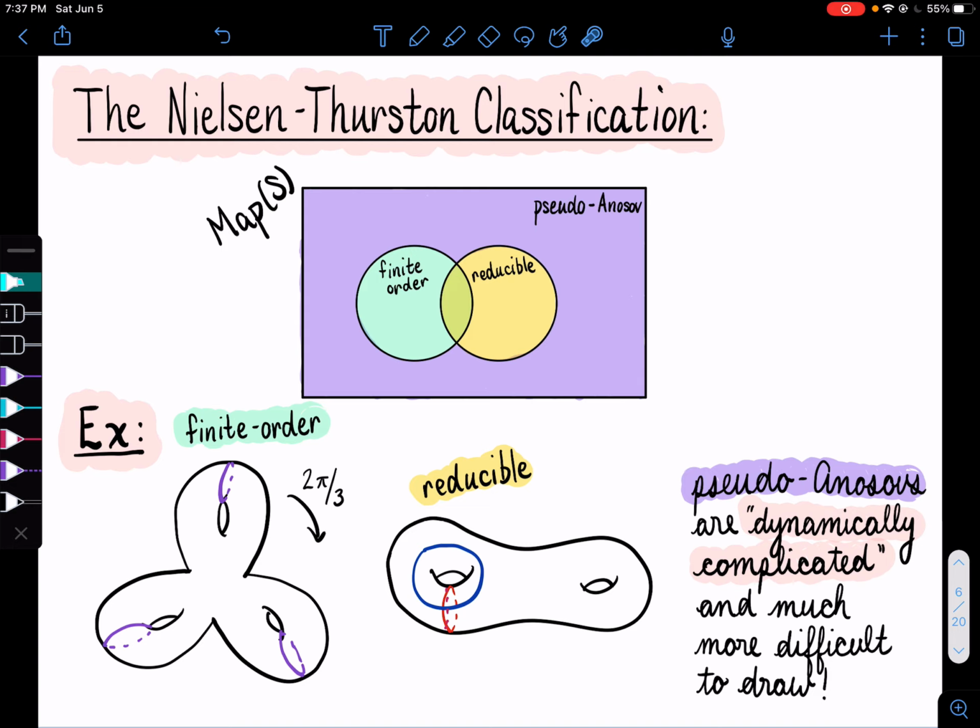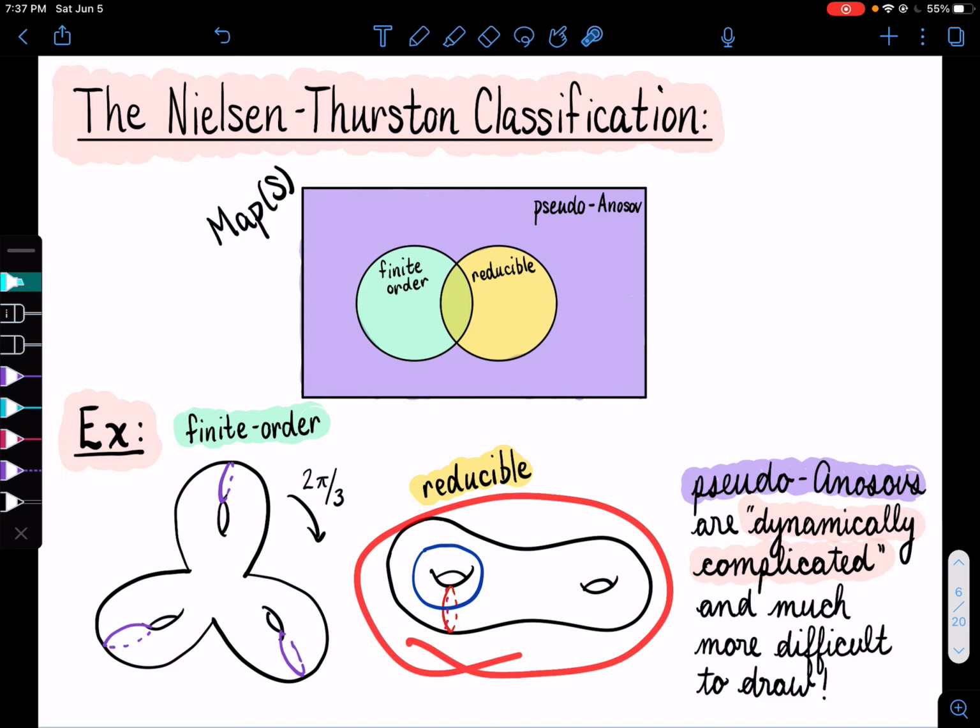My fidget spinner comes back exactly to where it started. We also note that we have these curves here, which are being preserved under the action of my rotation. They're all getting sent to each other. So none of them are fixed under the action of my mapping class, but they're preserved as a set. So this fits right here in this middle part, because it's not only finite order, but it also has a collection of reducing curves.